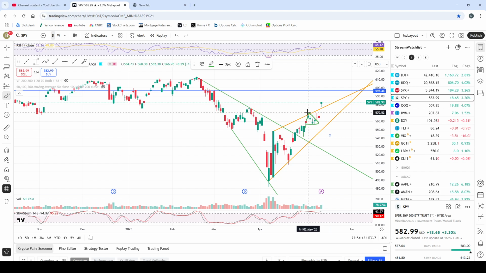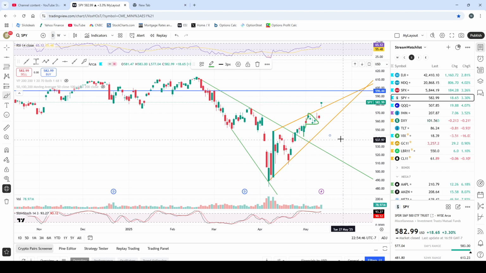And when the flag is like this, we call it a bull flag. And when you get a bull flag, a lot of time the probability is to go higher. So for SPY, for the past week or so too, it created the bull flag pattern. So that's why it jumped, right?